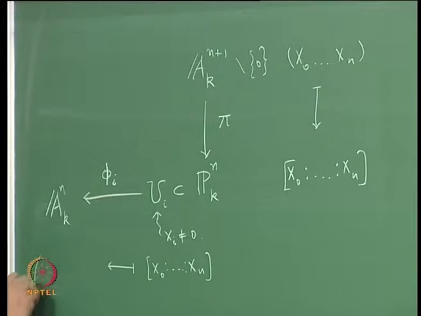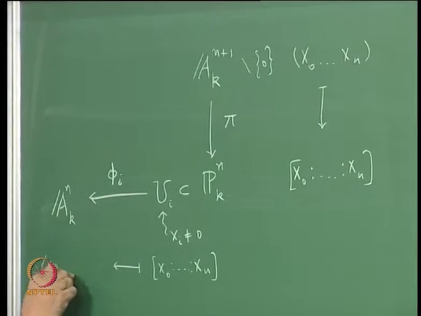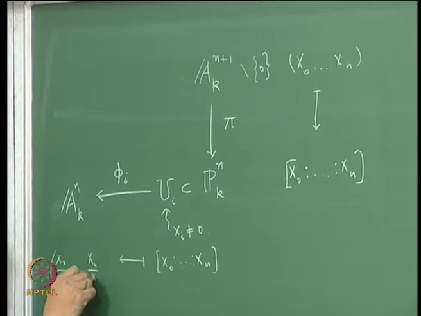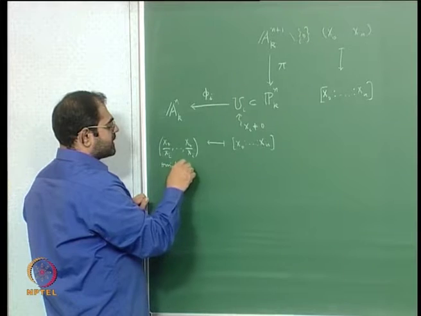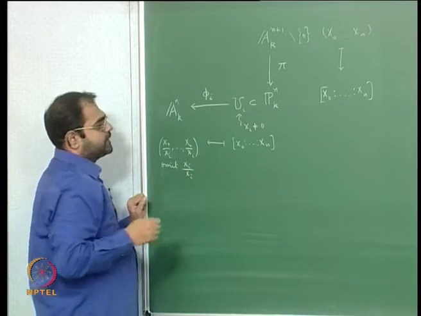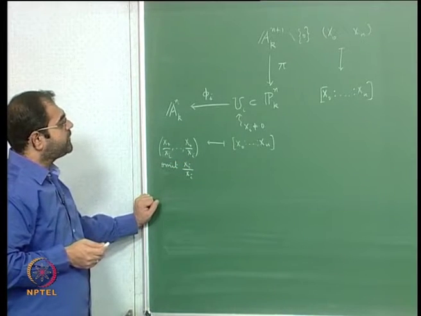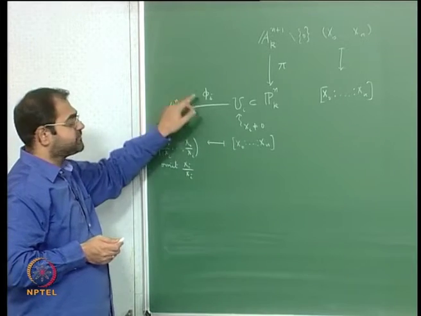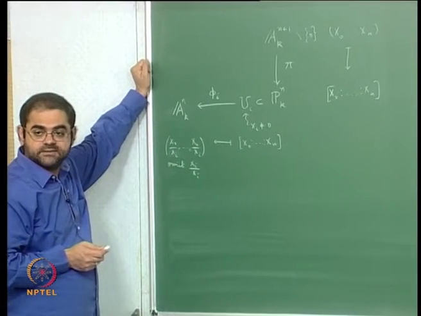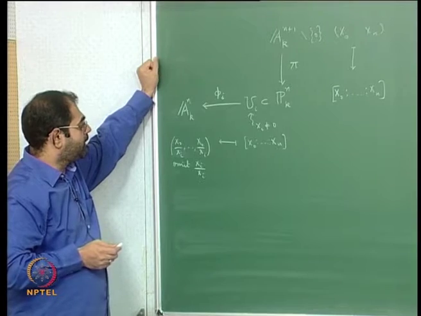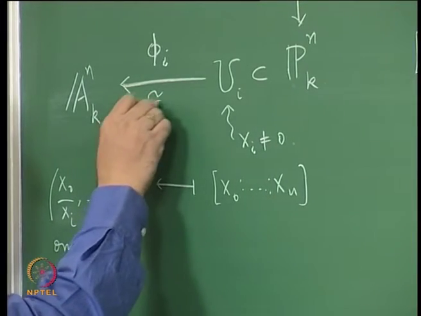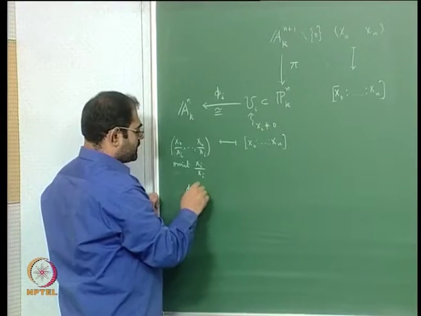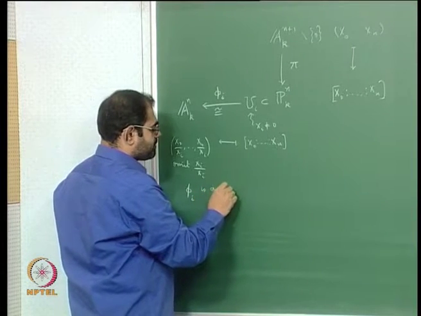So you just send it to the point x0 by xi, comma, xn by xi, and here you omit xi by xi. So what we saw last time was that this phi is actually an isomorphism of varieties.